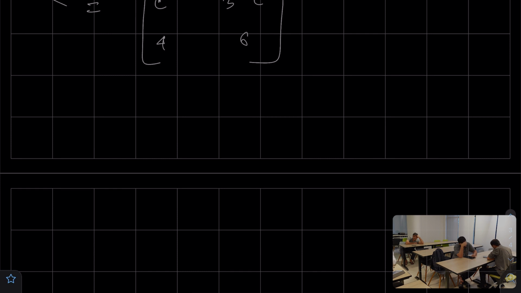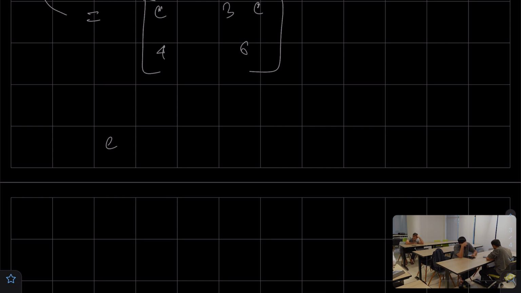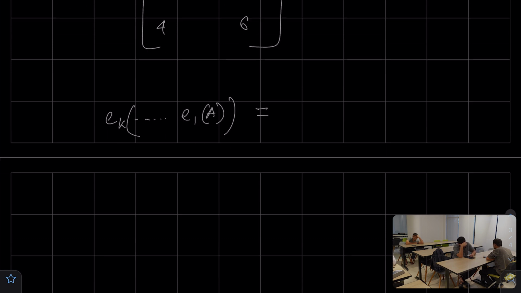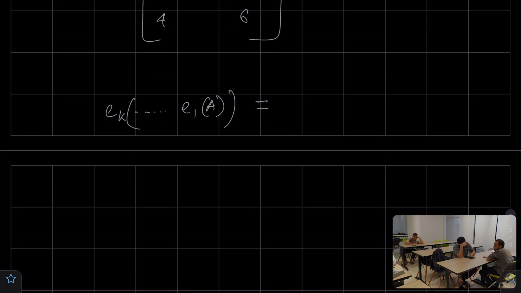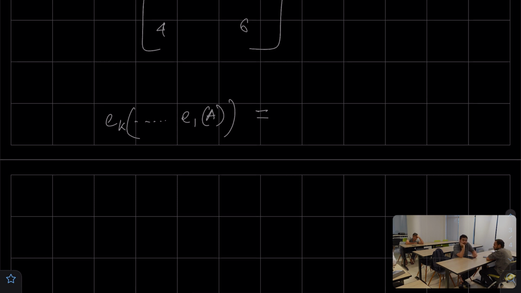Now if I perform a finite sequence of ERO on a matrix A, let's consider it this way. I'm performing E_K dot dot E_1 of A, then this is equal to another matrix.